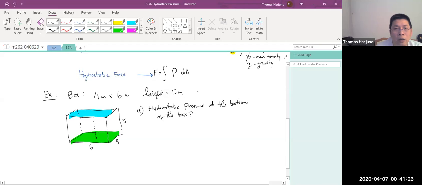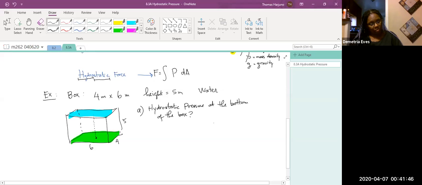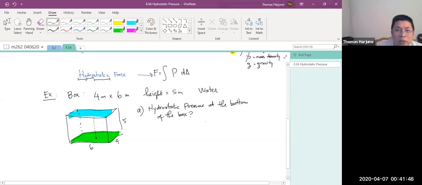And again, let's fill up with water, okay? The word hydro simply means liquid. The word static here means the liquid is not moving. So if you have this water and it's stable, then what is the hydrostatic pressure experienced at the bottom of the box?